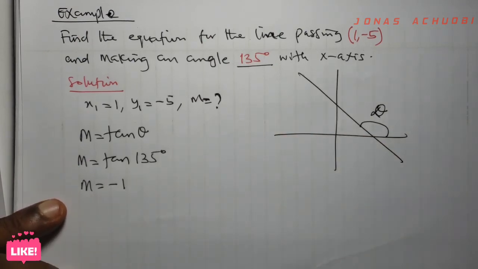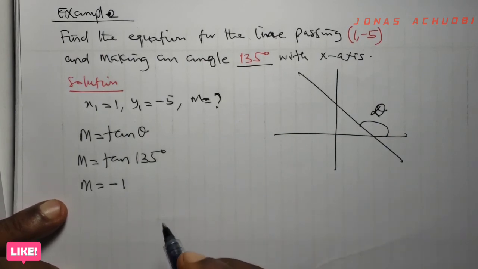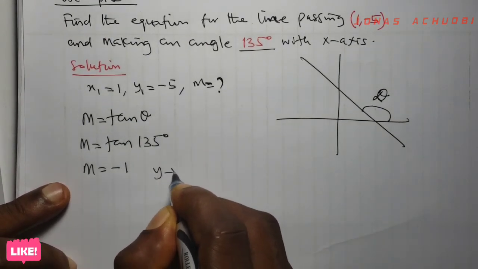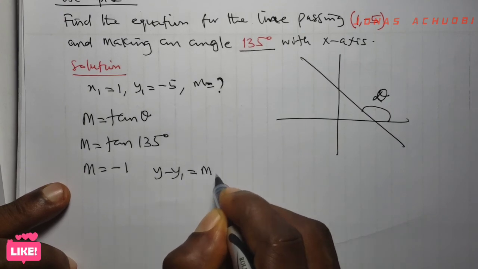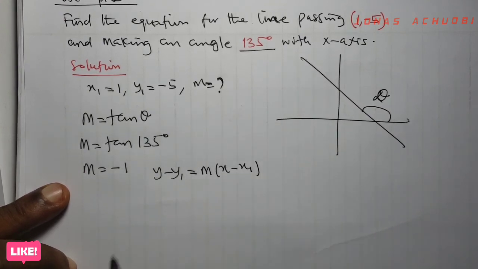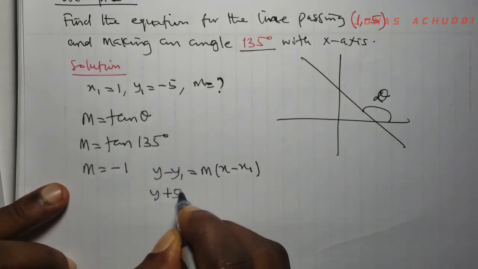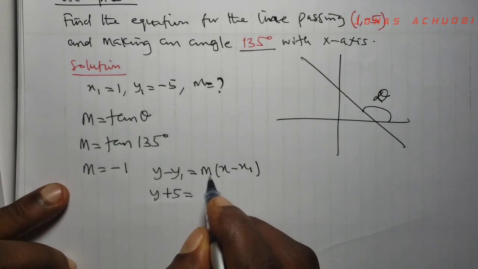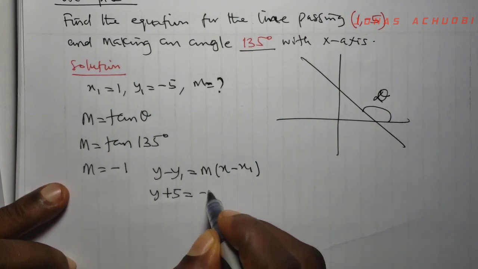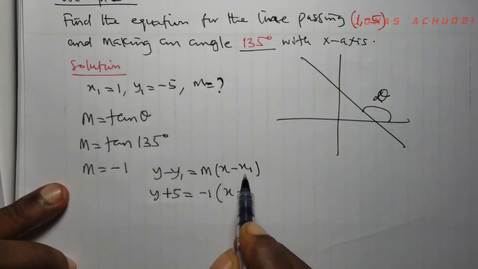Now we have our slope, we have our point. We can apply the point slope form equation, which says y minus y1 equal to m into x minus x1. So y minus y1 is y minus minus 5, so that becomes plus 5 here, y plus 5 equal to m, the slope, which I've gotten now as negative 1, into x minus x1.